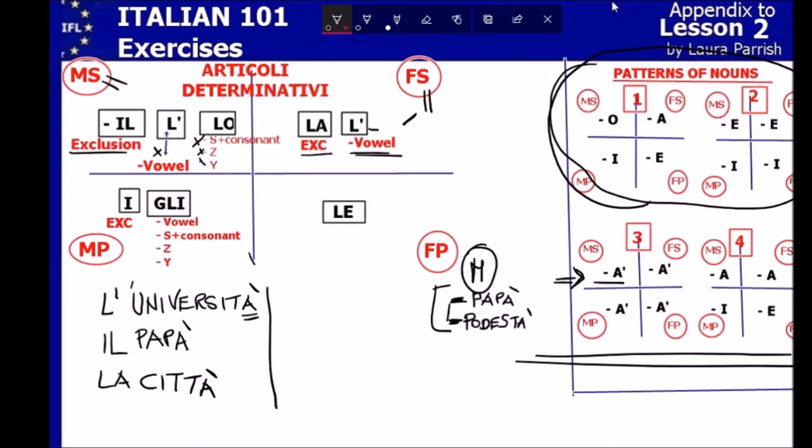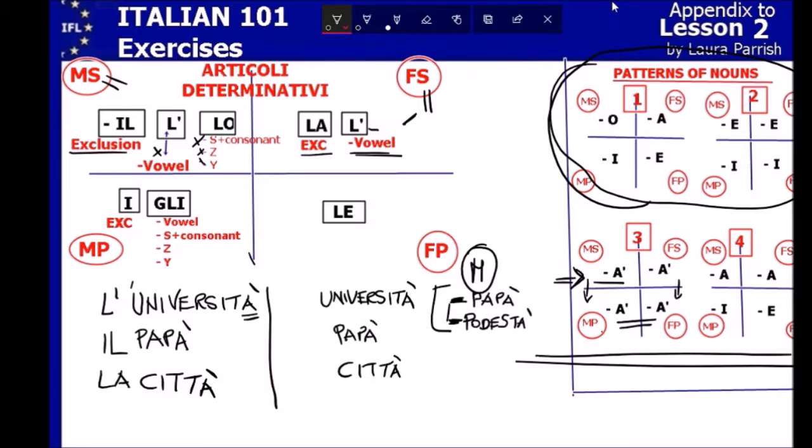Let's make those 3 words plural. So for our words that belong to this pattern, to make it plural, you always go down to masculine plural and feminine plural. They never change, there is always an a accent, so the plural will be the same. Università, papà, and città.